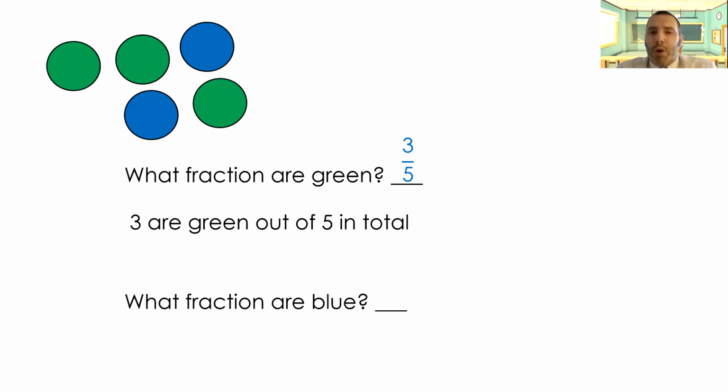So the fraction that are blue is 5 take away 3, which leaves me with the 2. The 2 are blue out of 5 in total, 2/5. So there's 2 different ways of working this out. We can go back and count the circles, which some of you might find easier. But as we go forward, we'll be looking for what goes with the fraction to complete the whole. So we need to be thinking of it that way around as well. But for today, not so important.